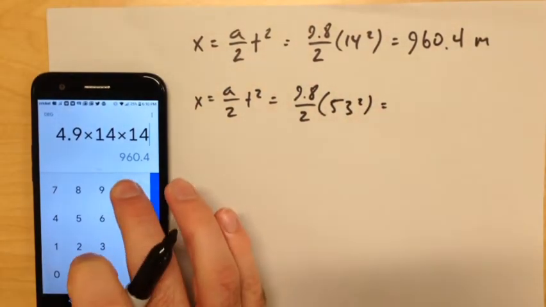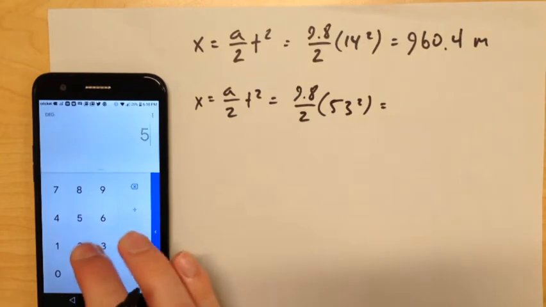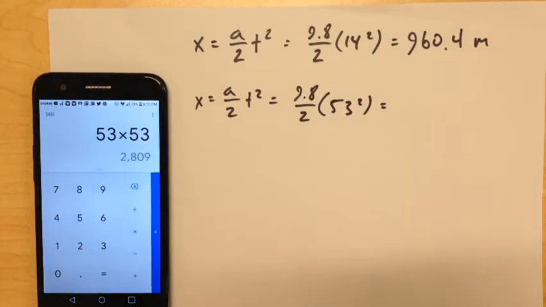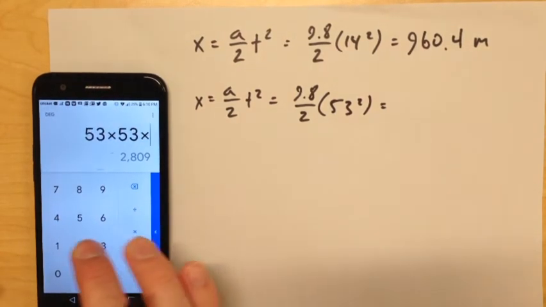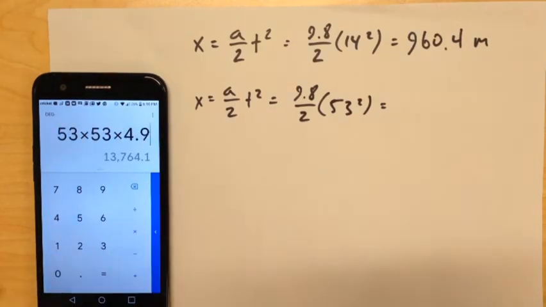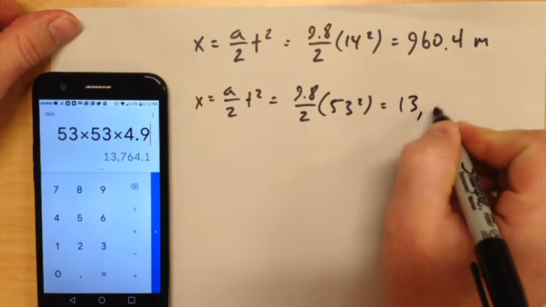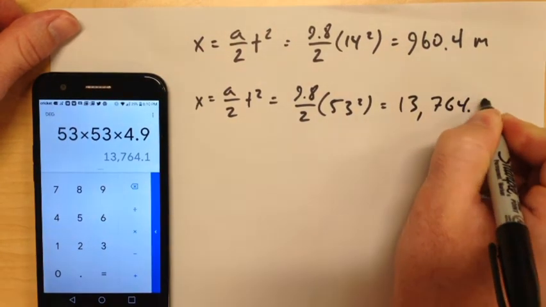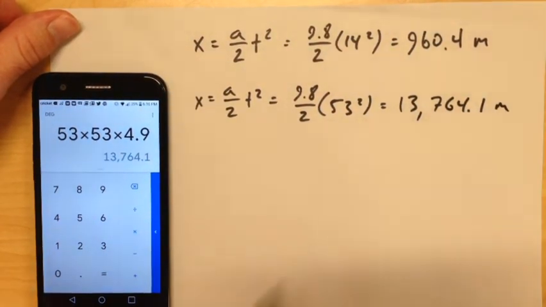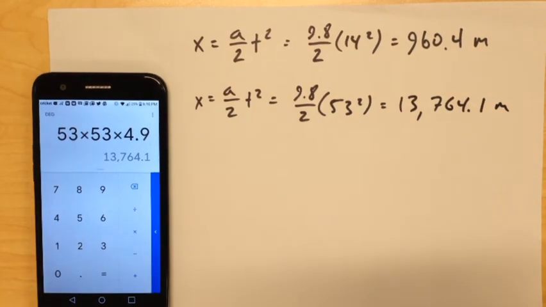That's going to be a really big number. 53 times 53, oh my, times 4.9, 13,764.1. Man, more than 13.5 kilometers.